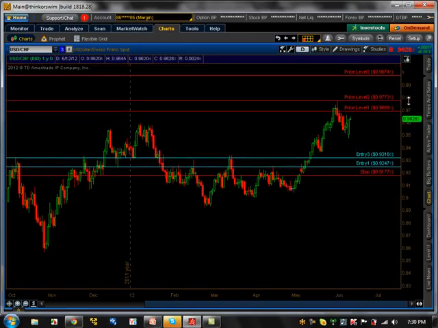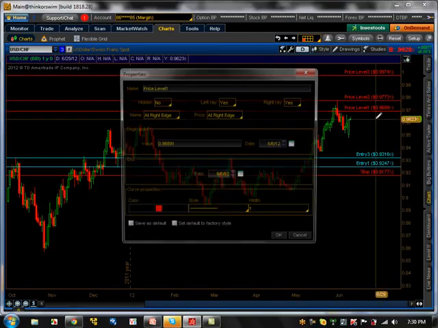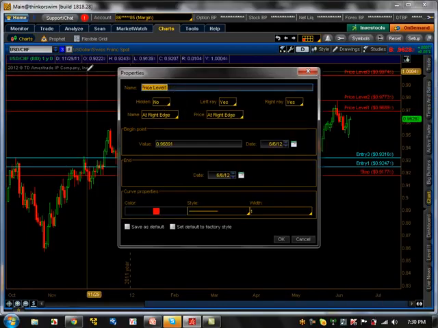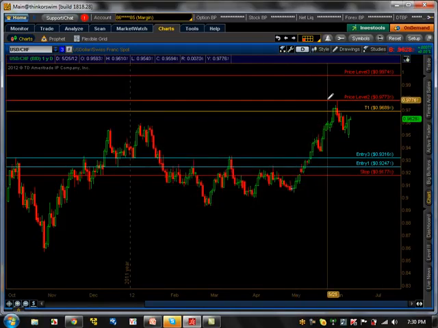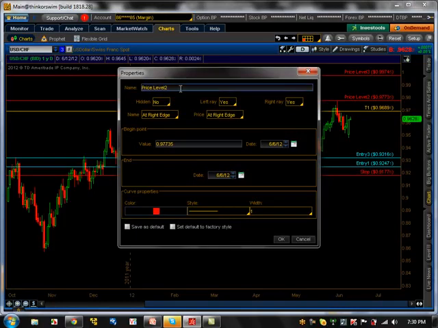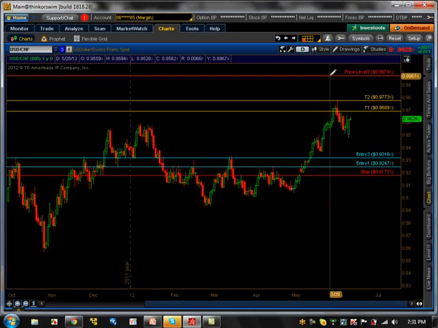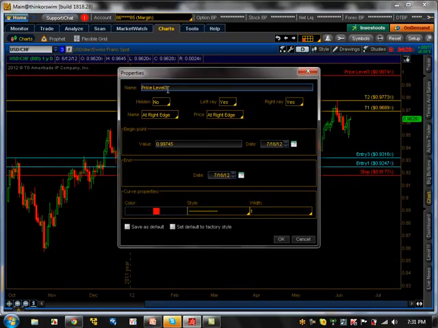Now, I've done this. Now watch what I'm going to do. Just going to color code these. So this is my first target level. Second target level. Is this a lot of work?